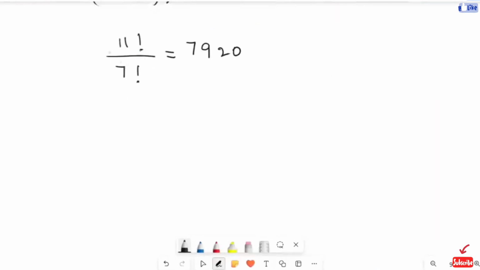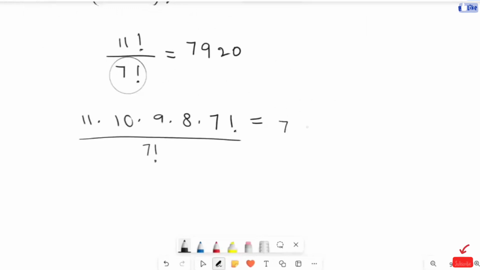Now I am going to write the factorial of 11. So 11 times 10 times 9 times 8 times 7 factorial. Why do I end up on 7 factorial? Because our denominator is 7 factorial. So here this 7 factorial and this 7 factorial get cancelled.